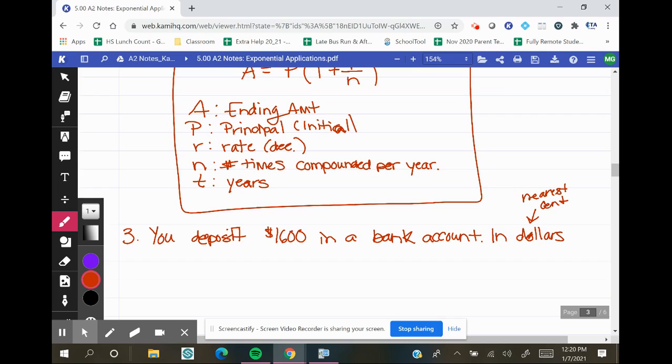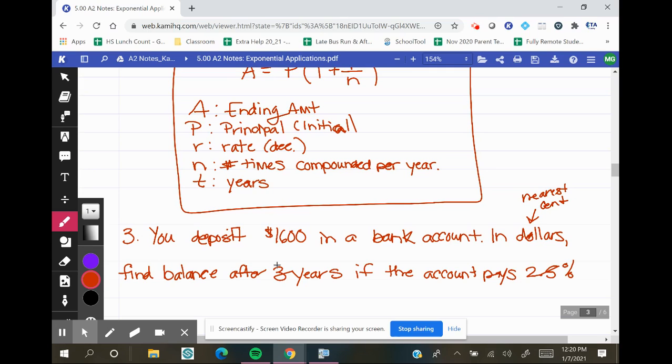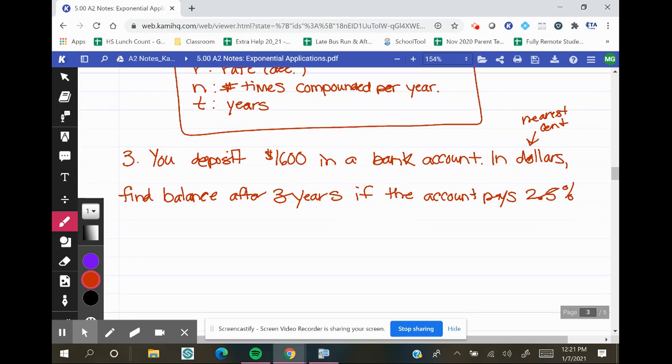But if it says in dollars, it just means in money. You want to find the balance after 3 years if the account pays 2.5% annual interest that is compounded monthly.